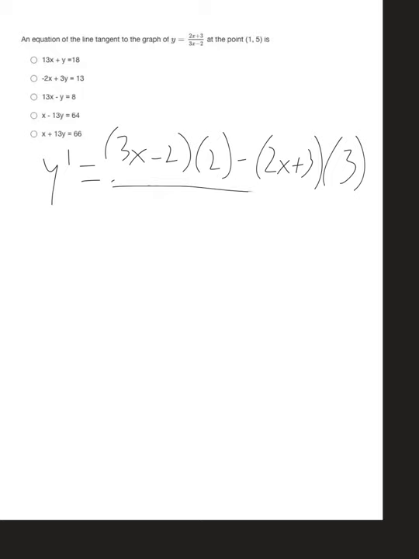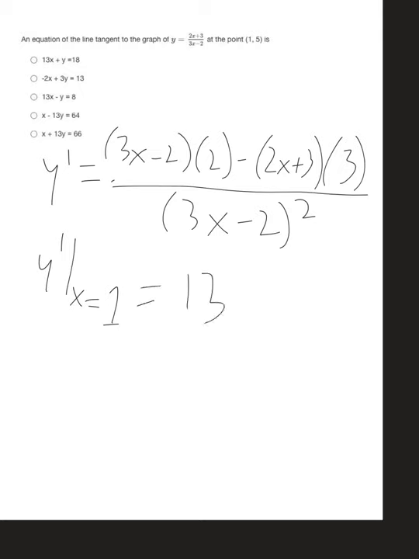Square the bottom, and away we go. And we're doing this at the point (1, 5), so I need to know what the derivative is when x equals 1, when y equals 5. If you plug in 1 to all of that, you're going to get 13.